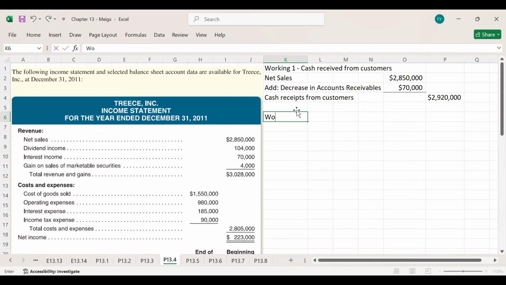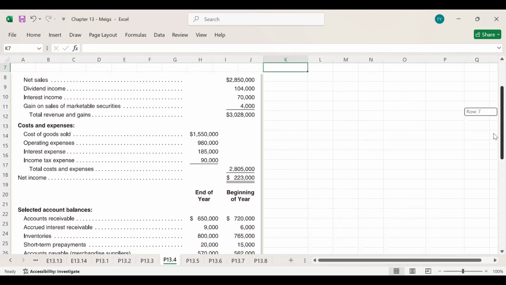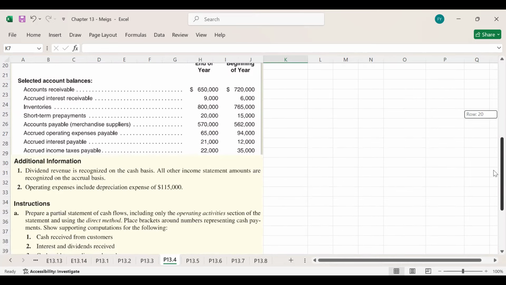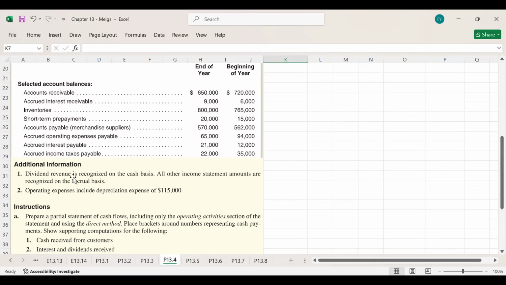So working two, interest and dividends received. The total dividend income here is 104, and additional information is given: the dividend revenue is recognized on a cash basis, and all other income statement amounts are recognized on an accrual basis.